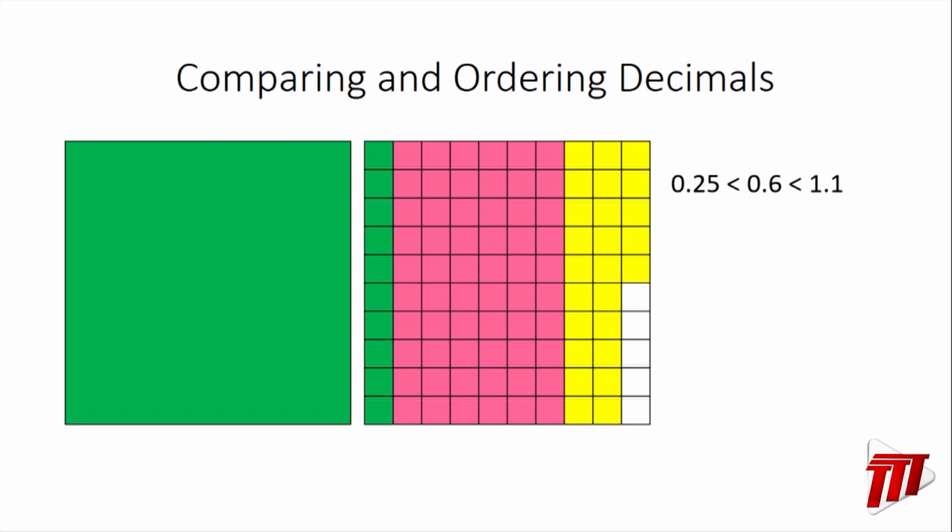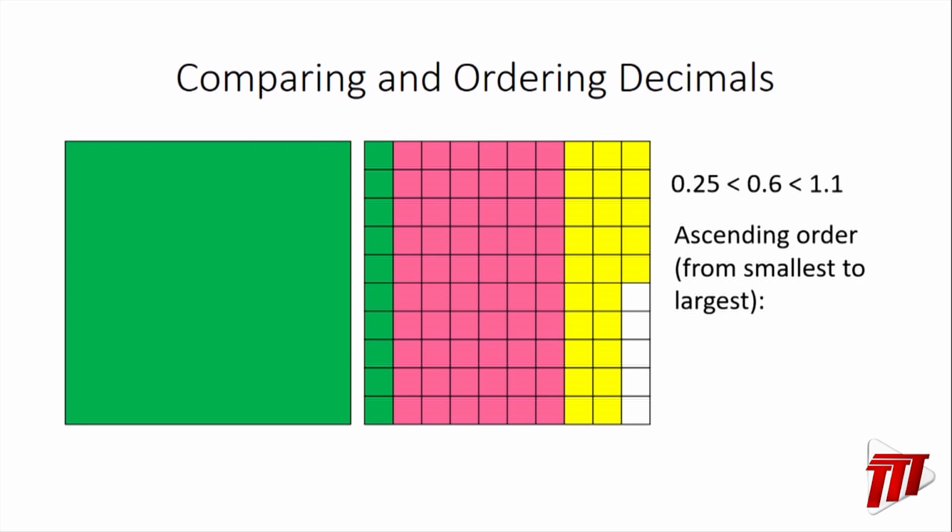We can also express this information like this. 25 hundredths is less than 6 tenths, and 6 tenths is less than 1 and 1/10.